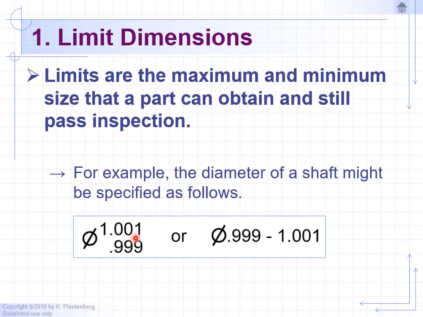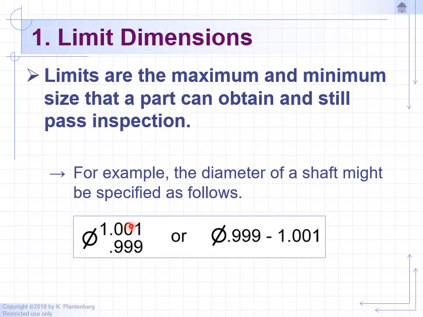Only shafts that fall in this range, maximum 1.001 to a minimum of 0.999 inches, and anything in between is acceptable. Again, the desired size is a diameter of 1.00, but you have to give the machine shop some wiggle room.